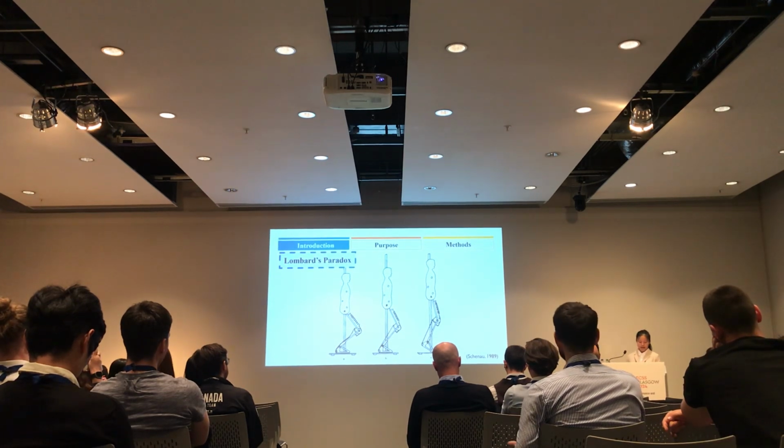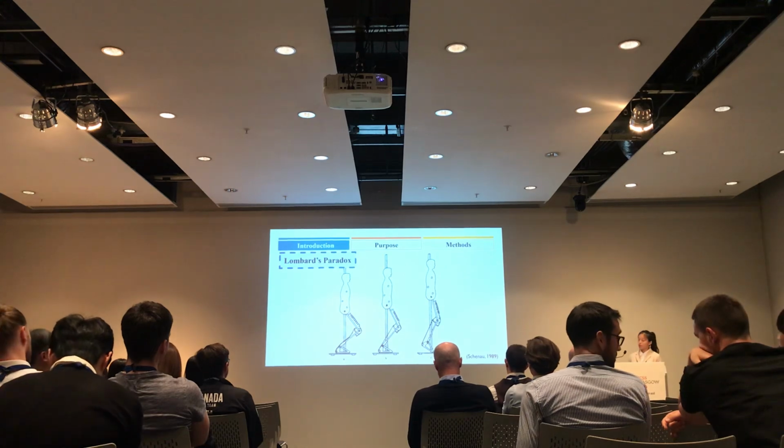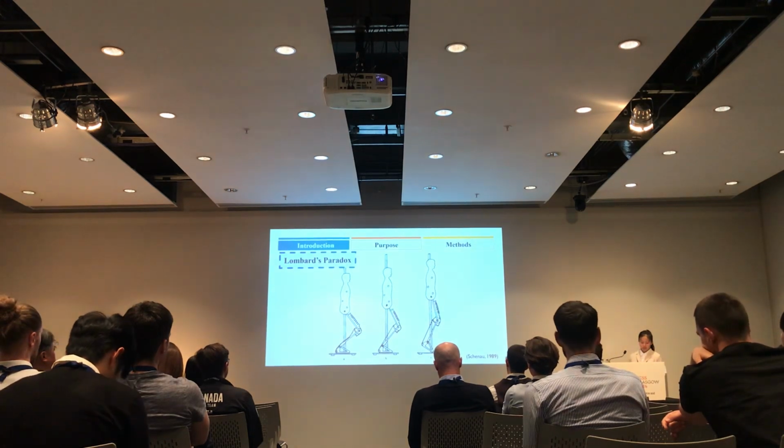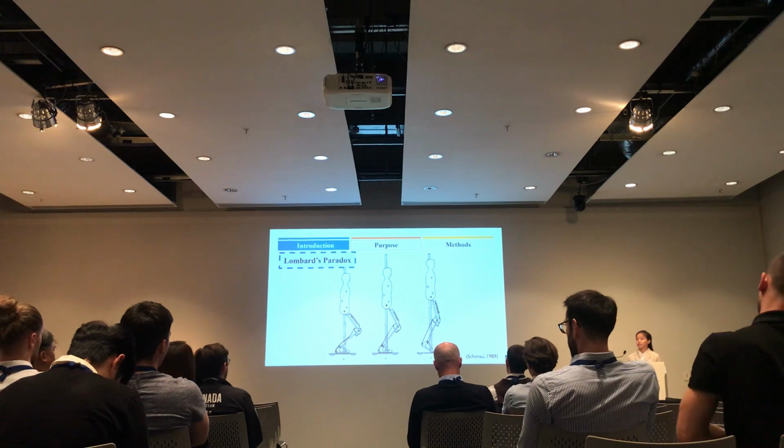This represents the importance of joint co-contraction of the anterior and posterior thigh muscles for knee stabilization. That's why this is really important for our lower extremity.